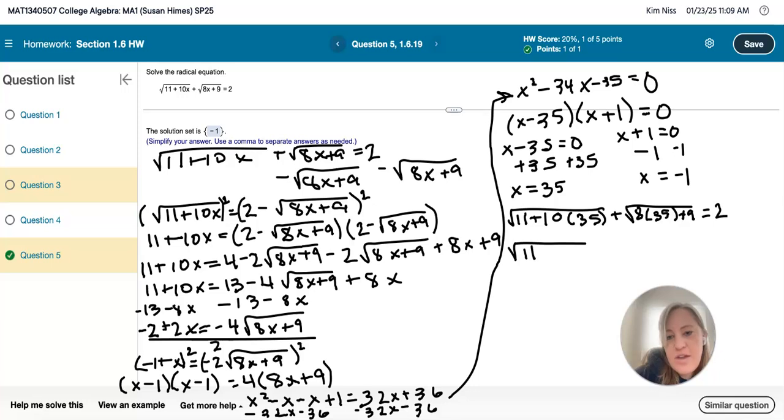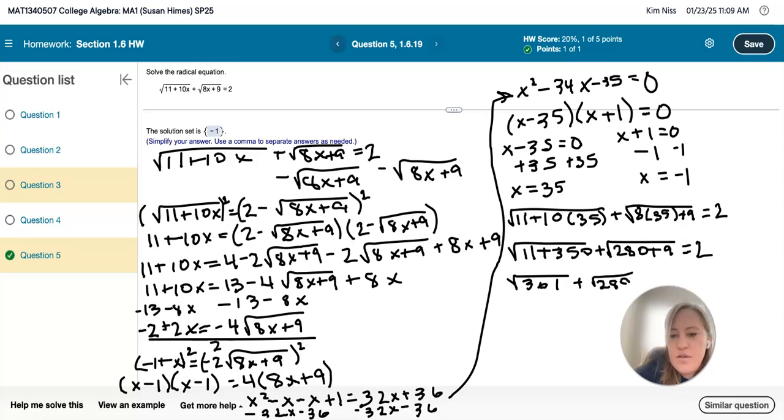So 11 plus 10 times 35 is 350. Plus the square root of 8 times 35 is 280. So now simplifying these, you have 11 plus 350 is 361, and 289.